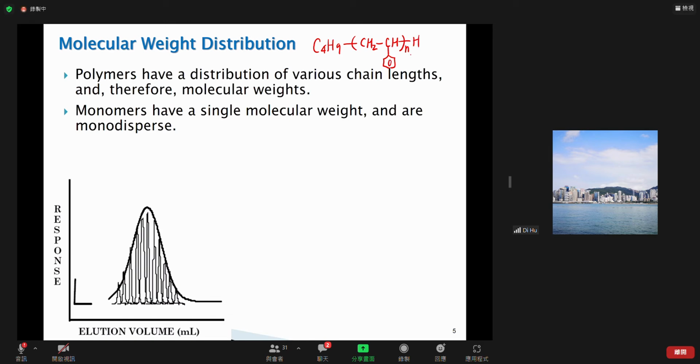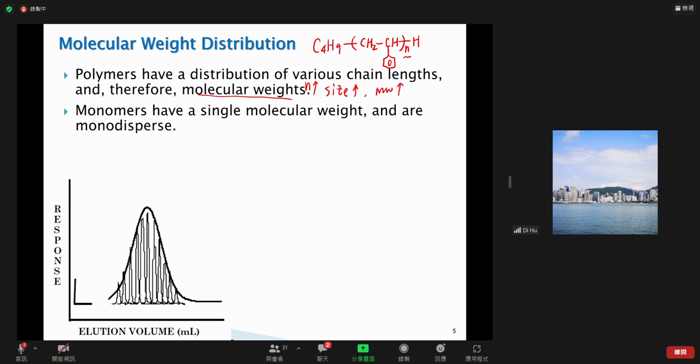You can see here, depending on the n number, with increasing n the chain length increases. So the molecular size of the polystyrene increases, and therefore the molecular weight also increases.